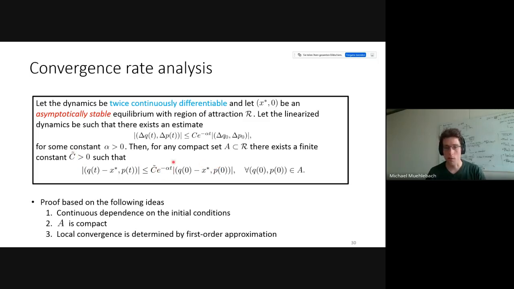So we have this bound that characterizes the convergence rate for all initial conditions in this compact set.